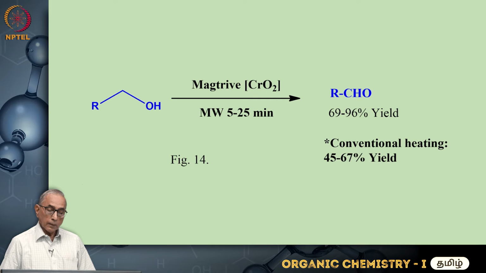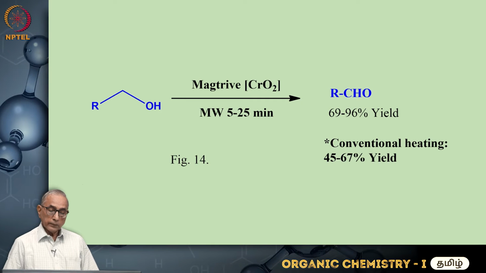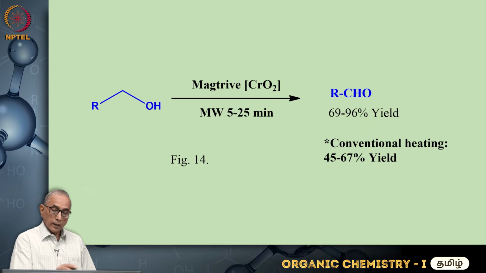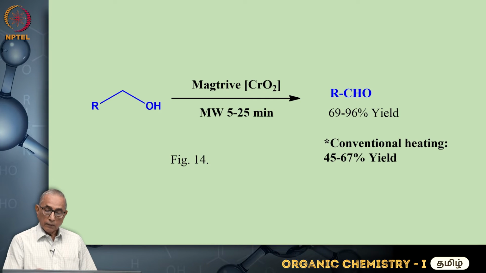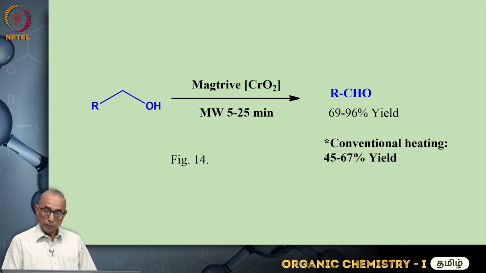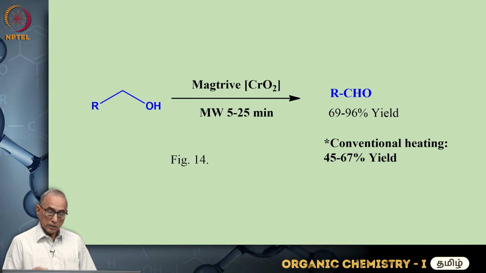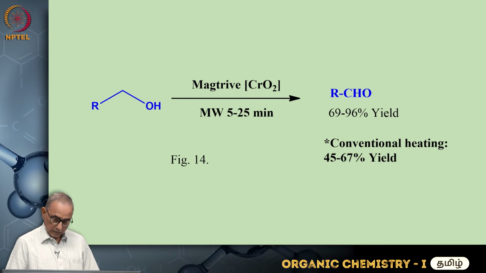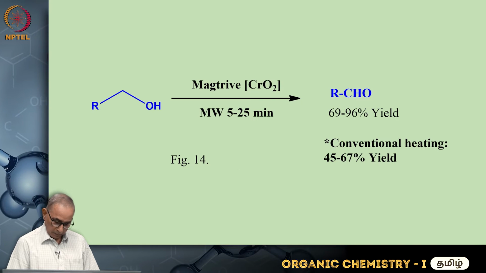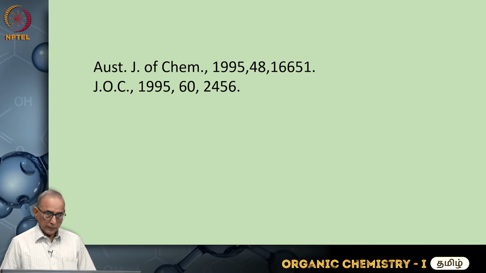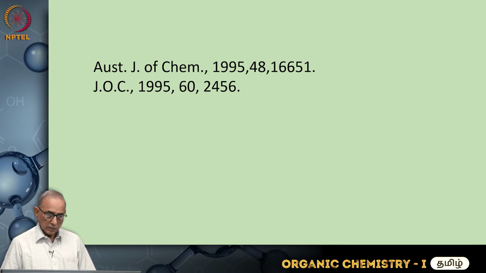If you use microwave at 5 to 25 mm, this gets oxidized to the corresponding aldehyde with a yield of 69 to 96. Conventional heating produces only 45 to 67. The MAC-TRIV is a catalyst incorporating chromium. Australian Journal of Chemistry and again Journal of Organic Chemistry.